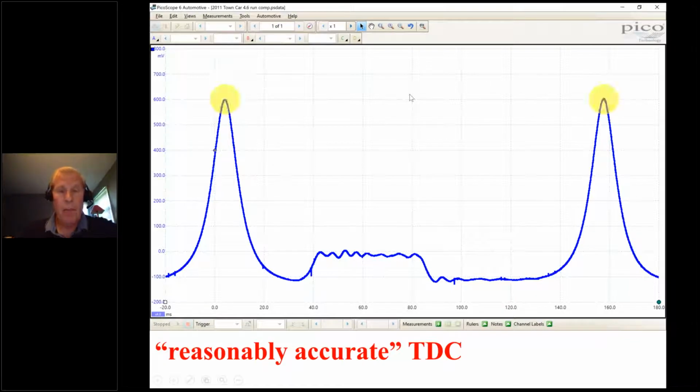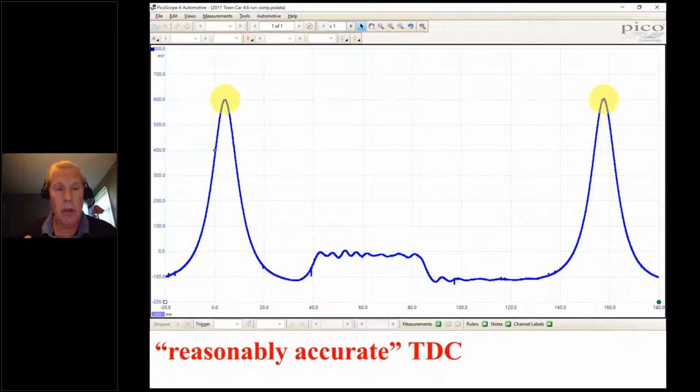Now, I've always used a couple words as an adjective to describe this. And I've always called this a reasonably accurate top dead center. We are not using a dial indicator and a degree wheel to find TDC. We're using a pressure transducer and pressure buildup in a cylinder to identify where we think it's going to be. Now, please don't get me wrong. This is a reasonably good method.